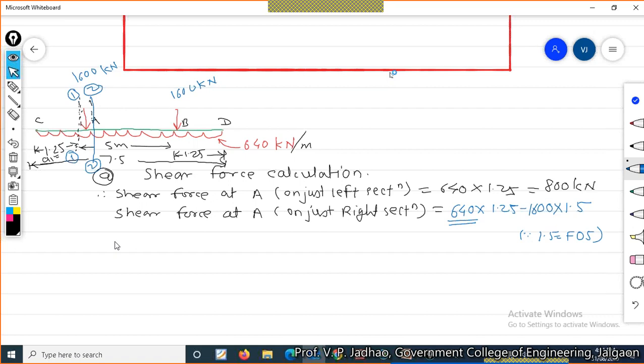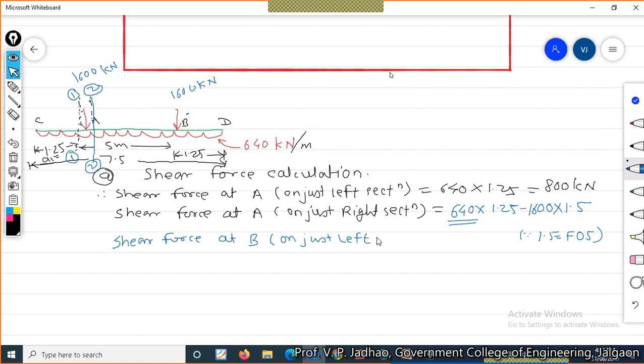Now, next step is, we have to calculate the shear force at this particular location B. Let us consider the section on just left hand side.